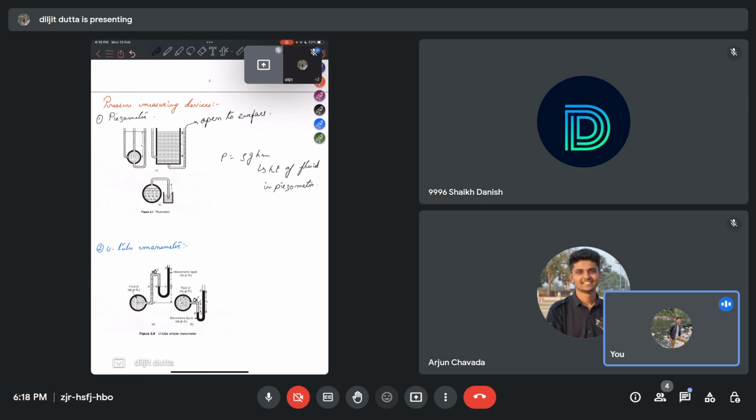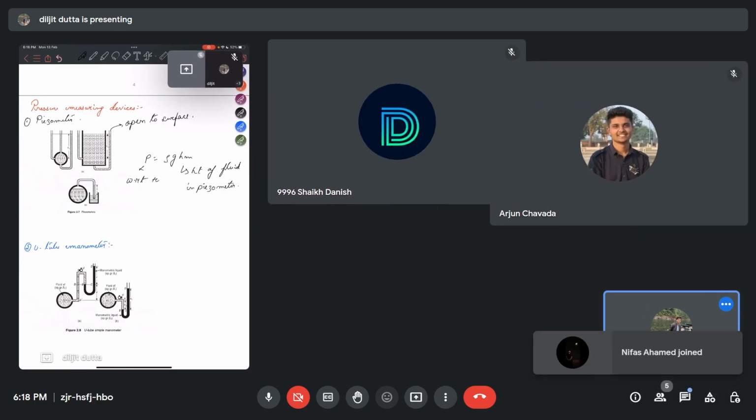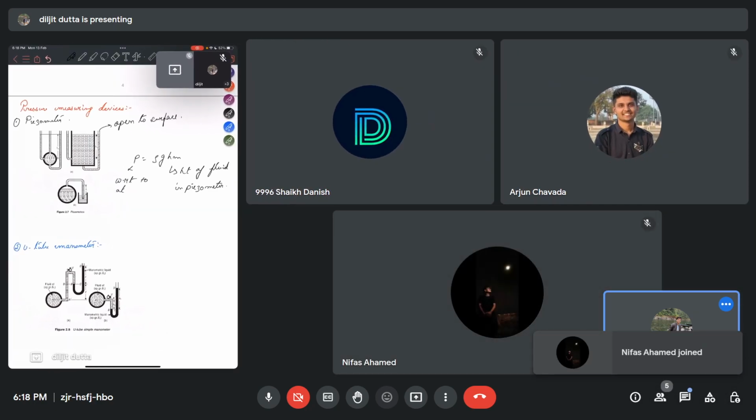The pressure that we measure, that is P, will be with respect to atmospheric pressure. Whatever pressure we measure with respect to atmospheric pressure is known as gauge pressure.